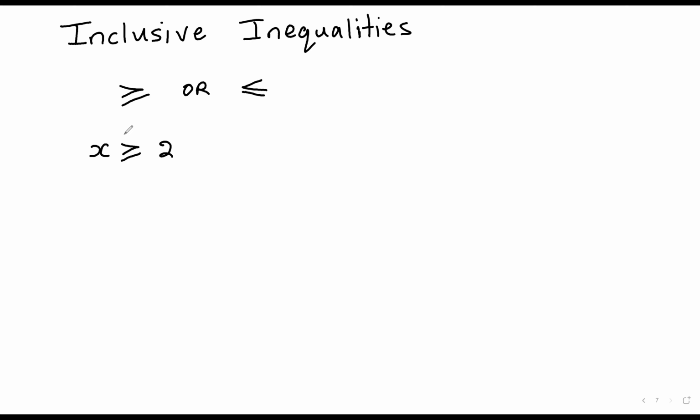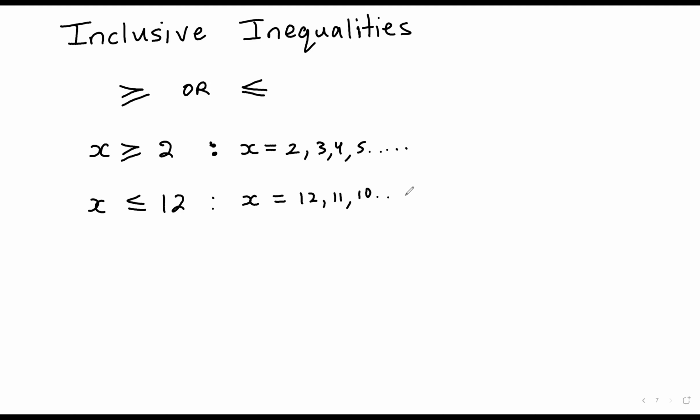Similarly, if x is less than or equal to 12, then x can be 12, 11, 10, and all the numbers less than 12. The main thing is that the number 2 is included in the solution set.